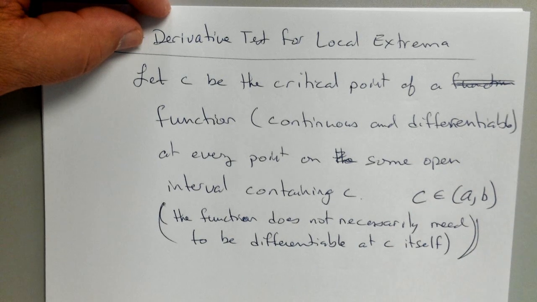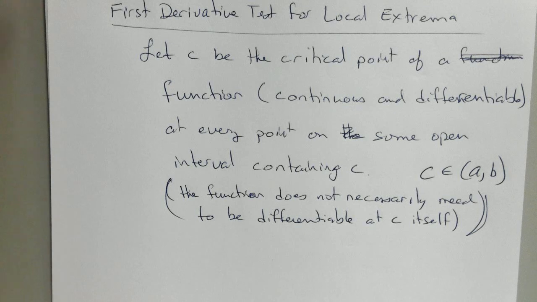Why is that? Because remember, we have derivatives of functions even if they have asymptotes. For example, the function 1 over x squared.